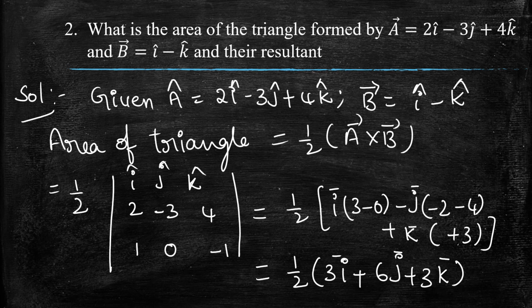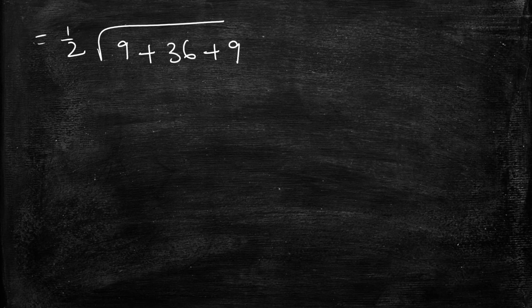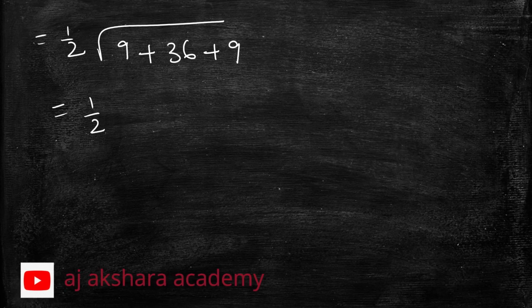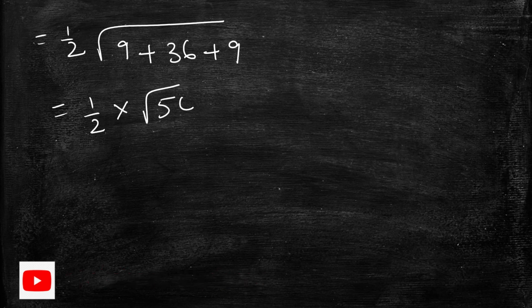Next, half of, here we are calculating the modulus, that is root of 3 square which is 9, plus 6 square which is 36, plus 3 square which is 9, that is equal to half into root of 54.